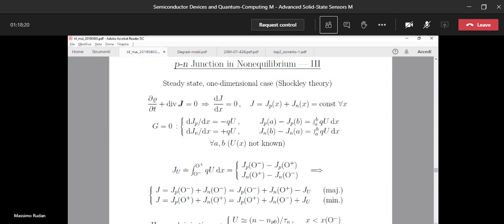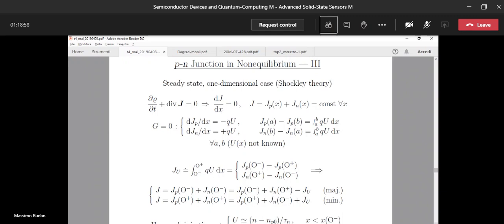Now, let's start from the general form of the continuity equation. The continuity equation that involves all charges and all current densities, so that the right-hand side is a zero. So we take the time derivative of the charge density plus the divergence of the total current density is zero. If we are in steady state, the time derivative disappears.